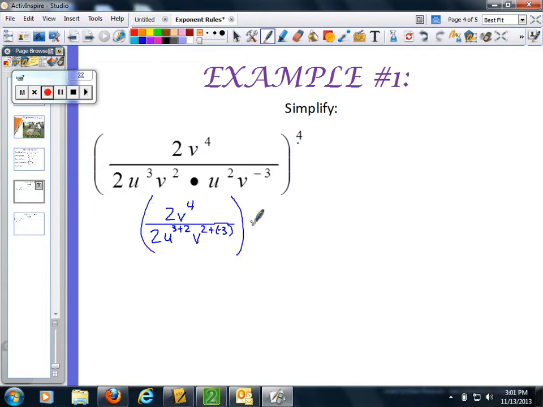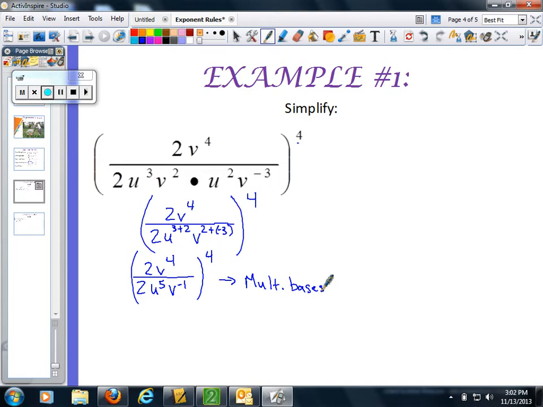Now I'm going to do this in 2 steps. That would be my first step, but here we'll go ahead and write the simplified form, which is 2v to the 4th over 2u to the 5th v to the negative 1st, and we're going to raise all that to the 4th power. And this first step here, I'm going to abbreviate it, it's the multiplying the bases.